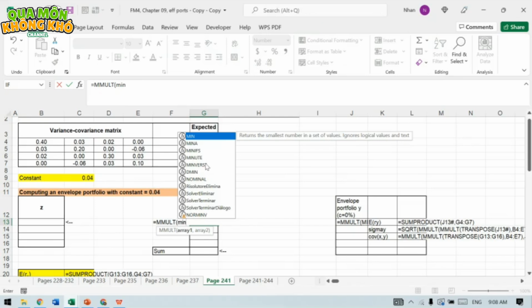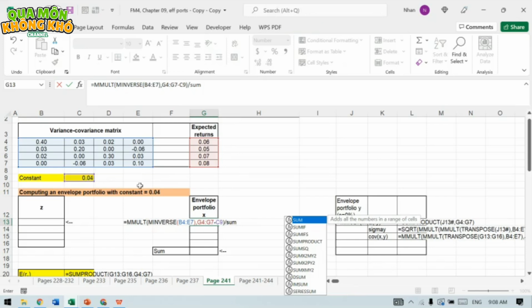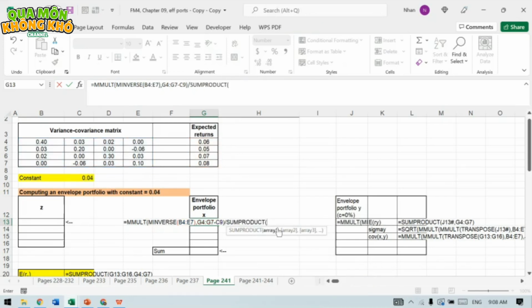Inverse, the variance, covariance, and the expected return minus the constant. Sum. No, it's not sum product.